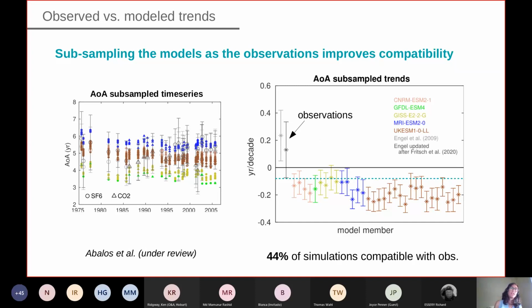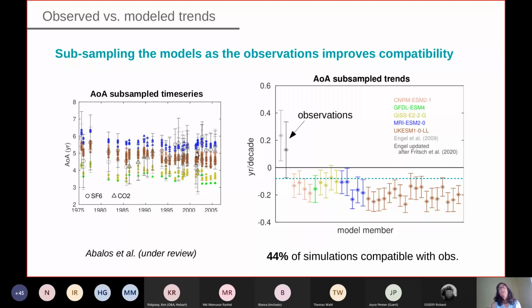So one thing we did in this paper is to subsample the model time series as the observations. So we took the time series of age of air from the models and subsampled them only in the places and times where we have observations, and calculated the trends only out of those points.